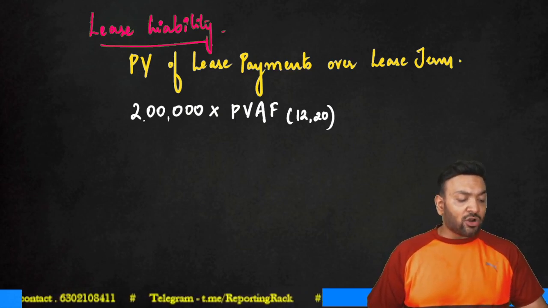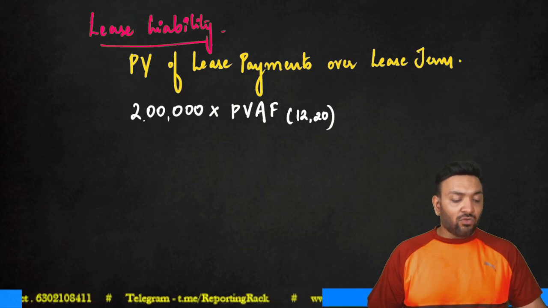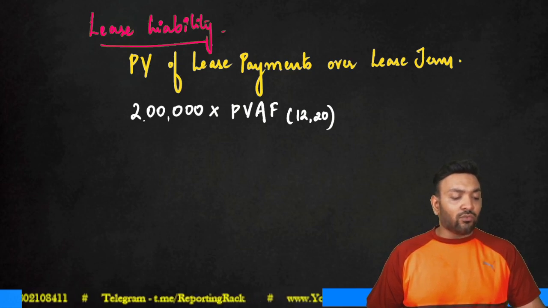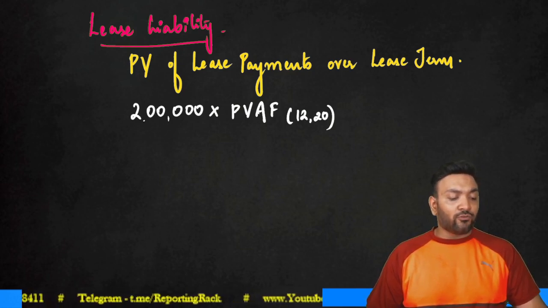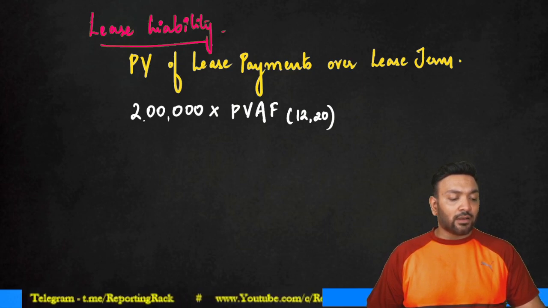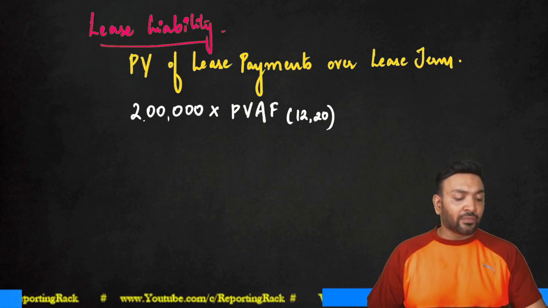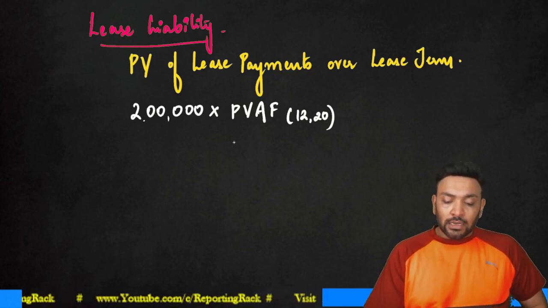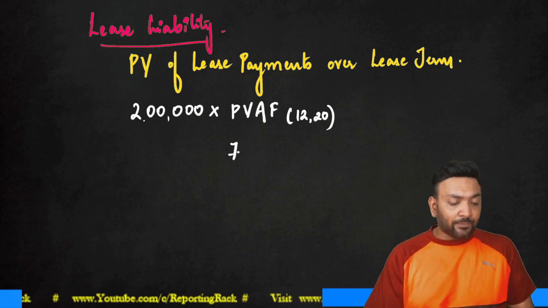Calculate and tell me what is the amount. 1 divided by 1.12, for years 1, 2, up to 20. I think this is around 7.4694.